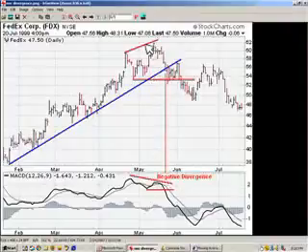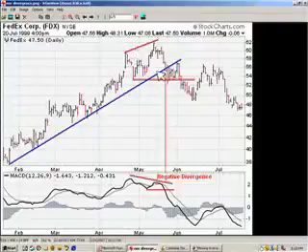The confirmation is MACD for a second time right here crossing through the signal line at a lower level than the previous level. At the same time, again, when price was diverging, this is a clear sign that the momentum in this uptrend is weakening.